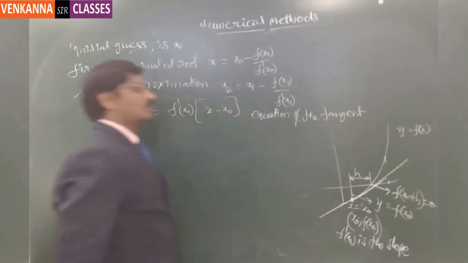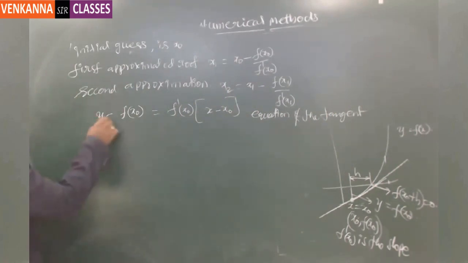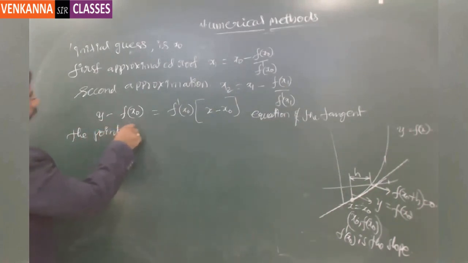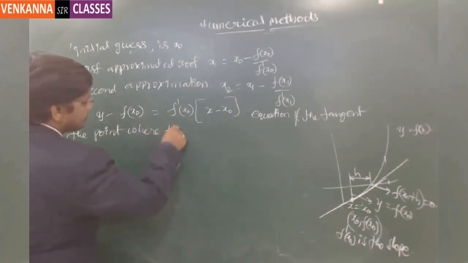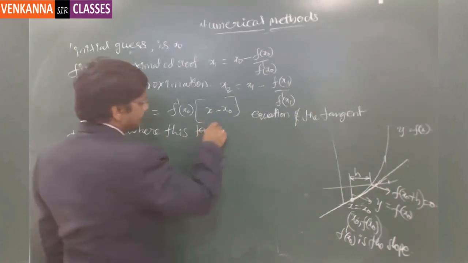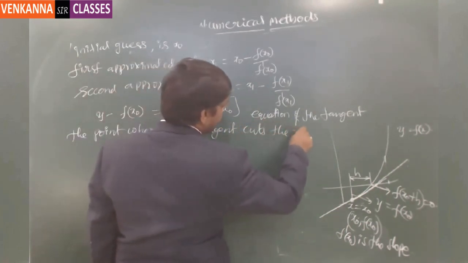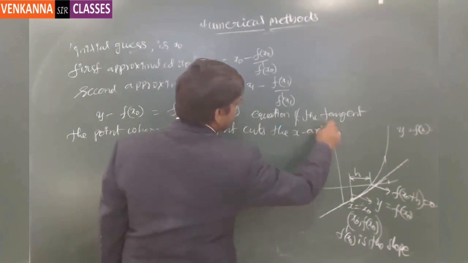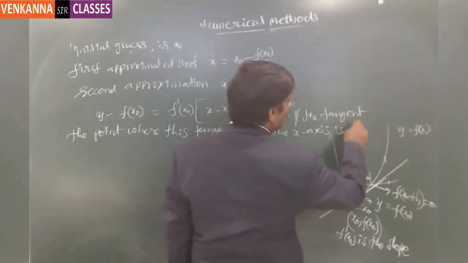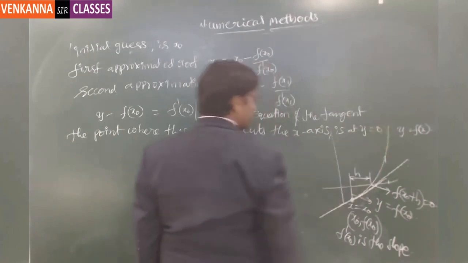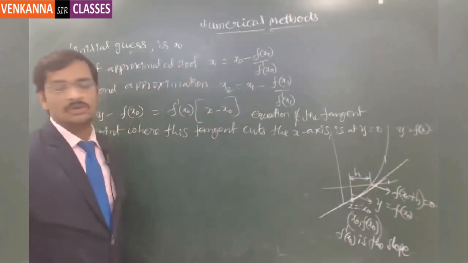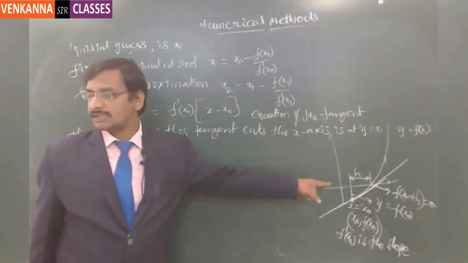So if this is the equation of the tangent, then the point where this tangent cuts the x-axis is at y equal to 0. That means the y coordinate is going to be 0 at the place where it cuts the x-axis.